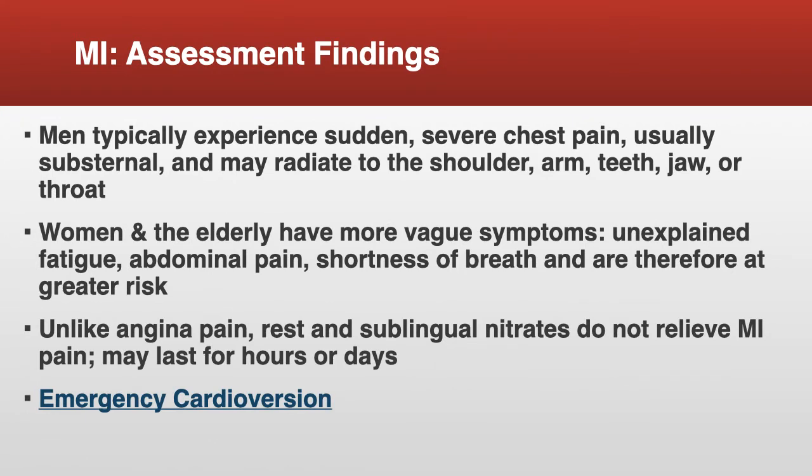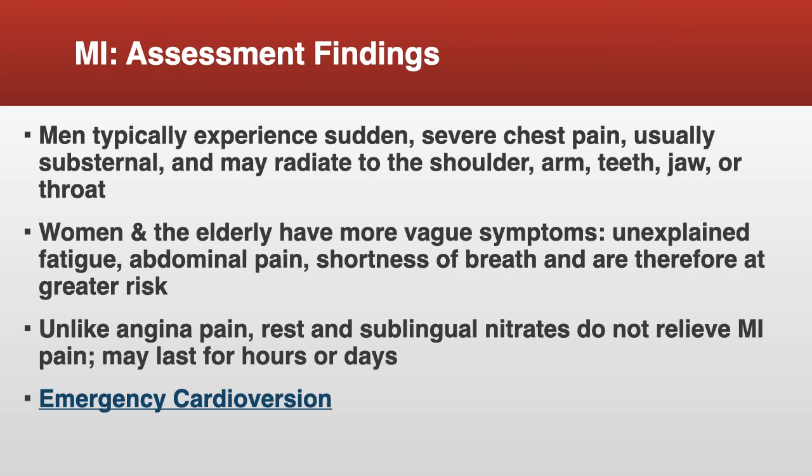So your assessment findings, what is your patient going to look like who is in the process of having an MI? Men, women, and the elderly all present differently. Men typically experience sudden severe chest pain, usually substernal, and it may radiate to the shoulder, arm, teeth, jaw, or throat.